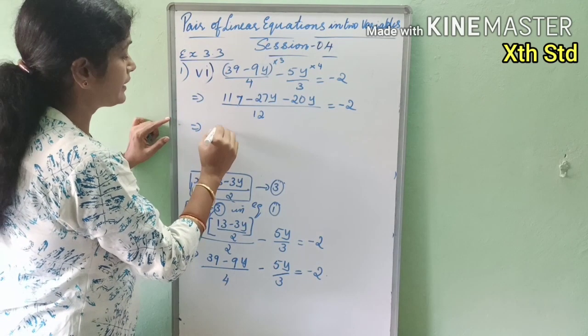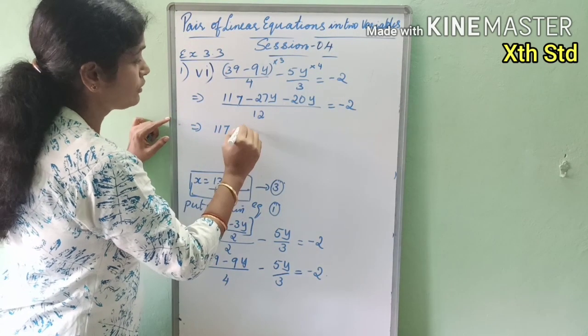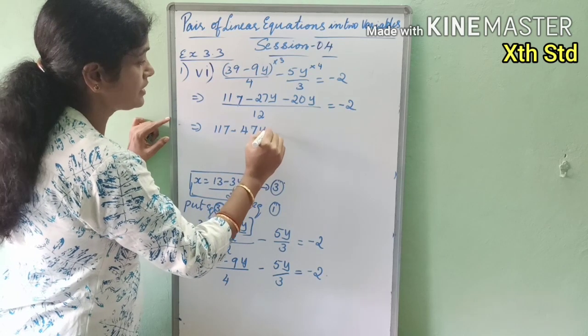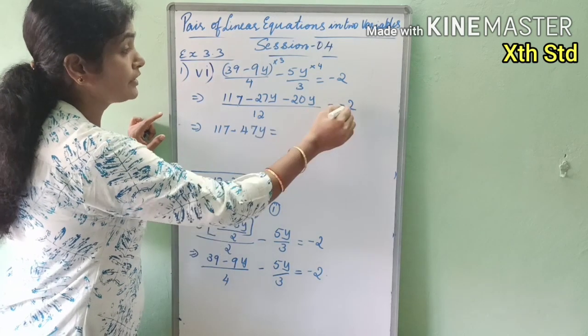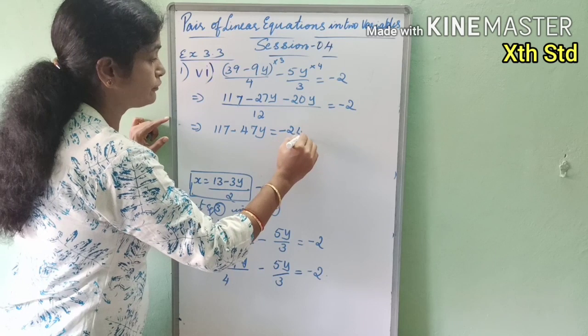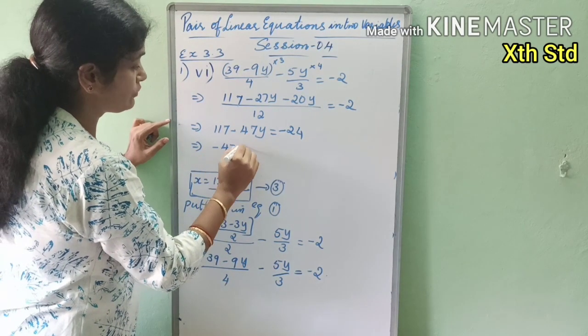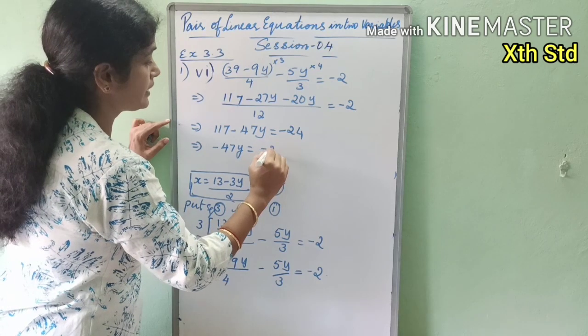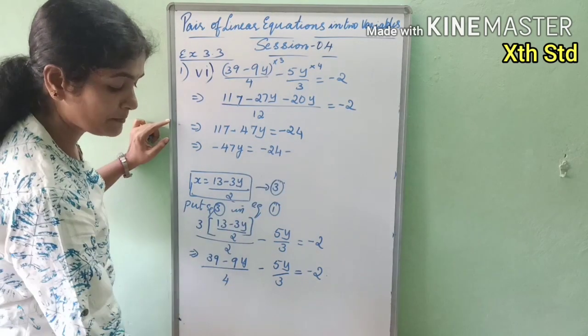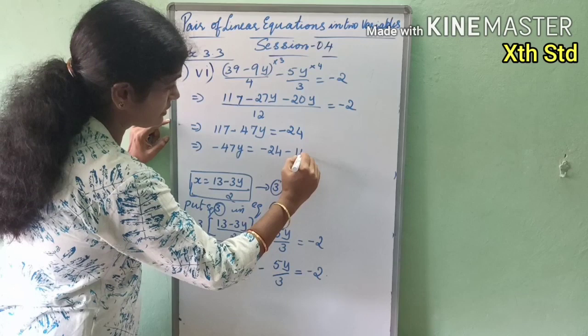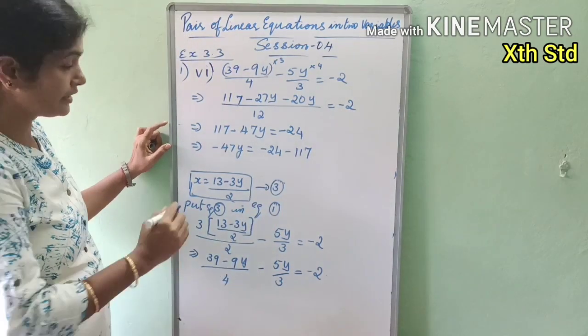So 117 minus 47y is equal to 12 into minus 2, which is 24. So minus 47y is equal to minus 24 minus 117.